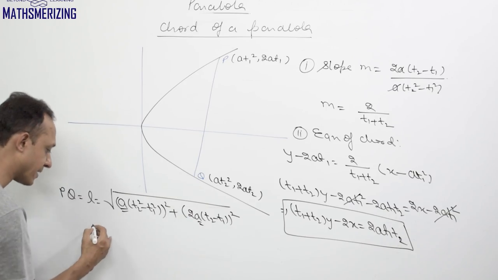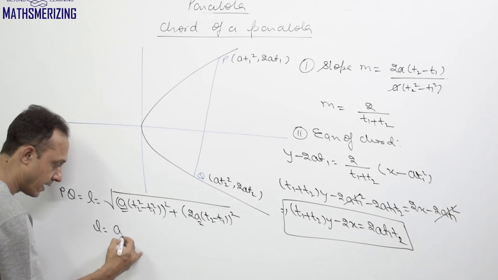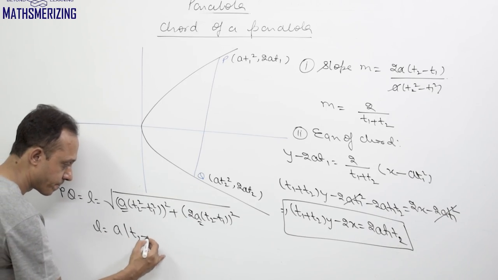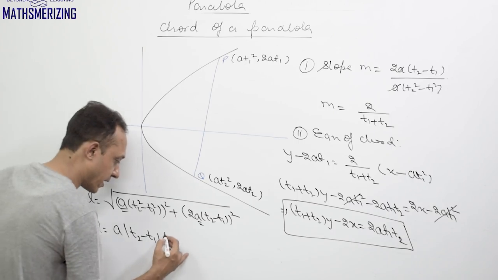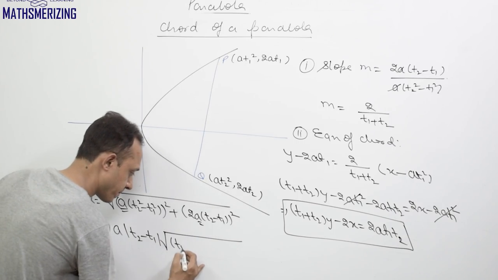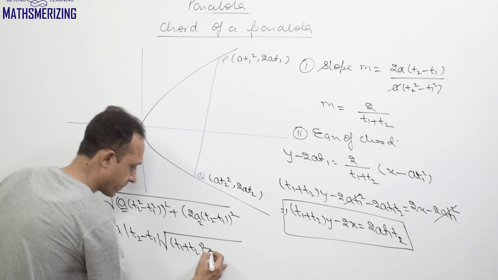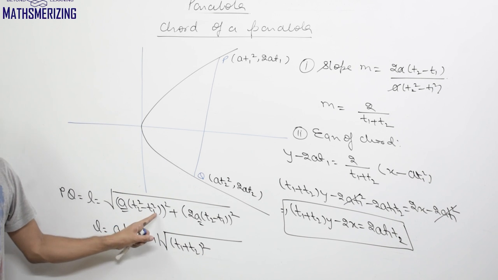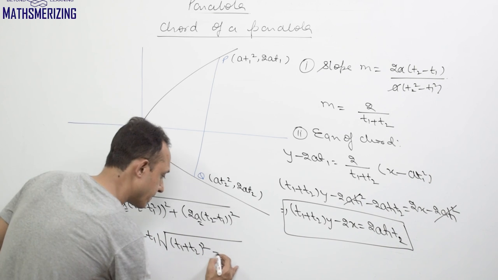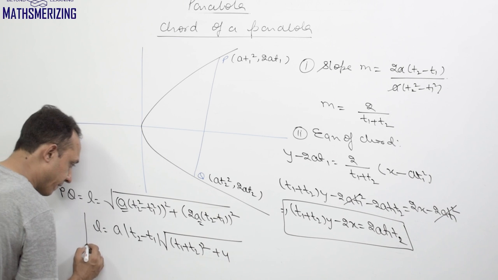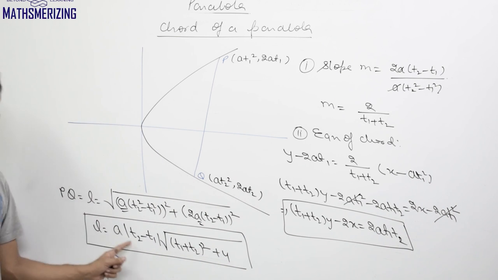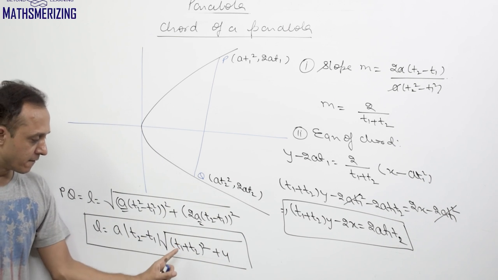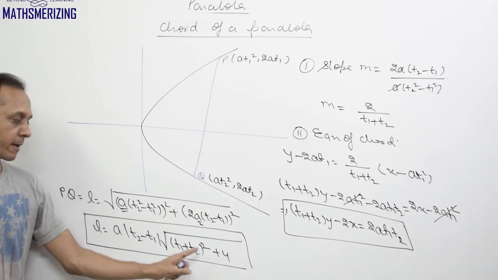So we can write this length as a times mod of (t2 minus t1), and then what we're left with is under root of (t1 plus t2) whole square plus 4. So length of any general chord of a parabola will be a mod of (t2 minus t1) under root of (t1 plus t2) whole square plus 4.